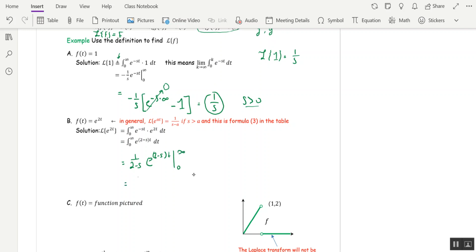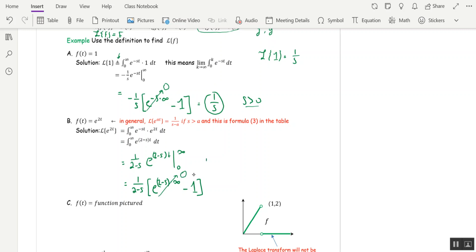Okay, that's 1 over 2 minus s, and then I get e to the 2 minus s times infinity minus e to the 0, which is 1. I want that exponent of the exponential to be negative, so as long as s is bigger than 2, this is going to go to 0.